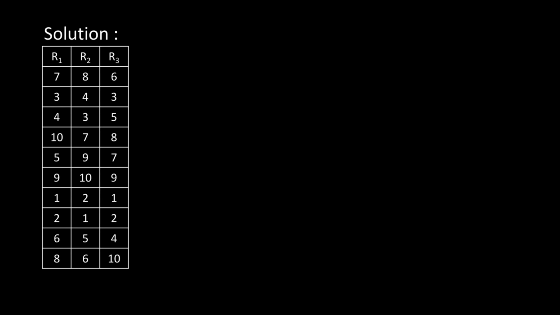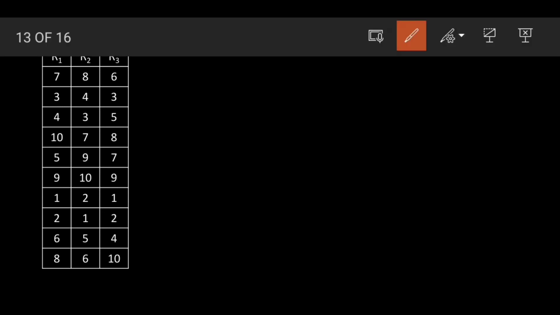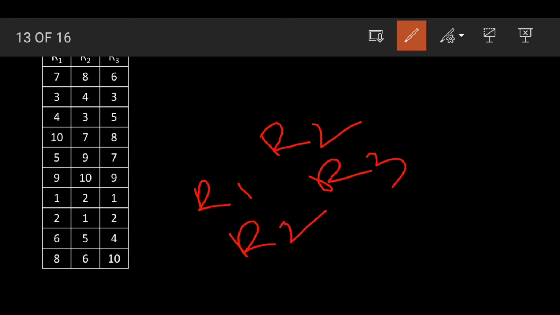So here R1 indicates the ranks given by judge 1, R2 indicates the ranks given by judge 2, and R3 indicates the ranks given by judge 3. We know that in simple correlation, the correlation is calculated between 2 variables. That's why here we have to calculate the correlation between R1 and R2, next R2 and R3, next R3 and R1.